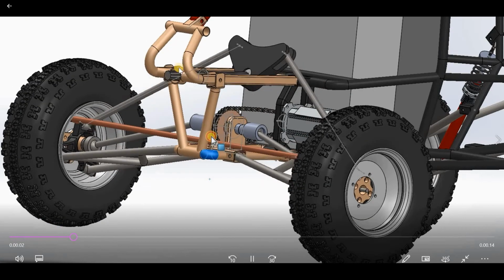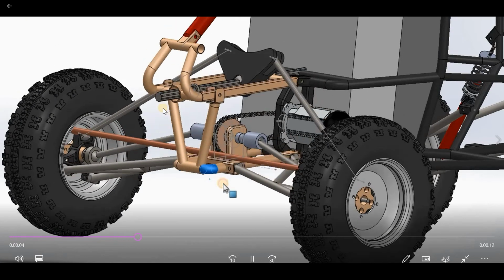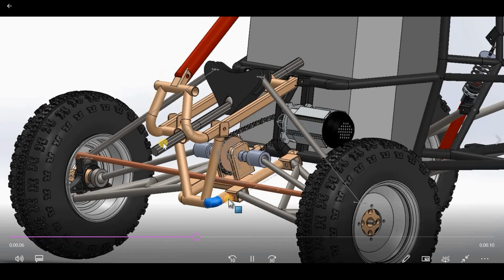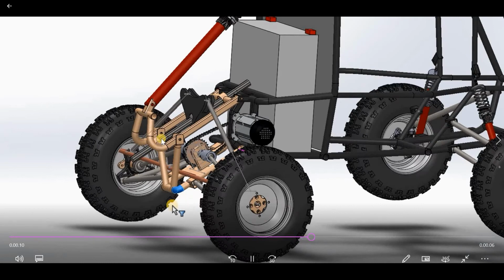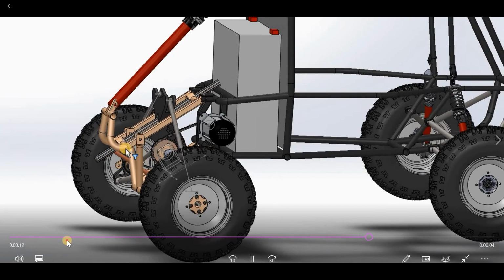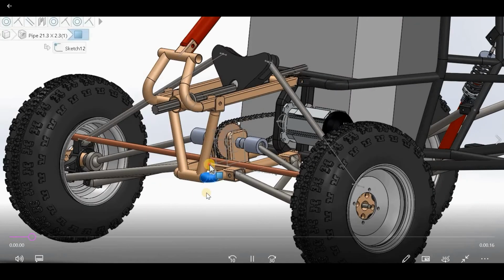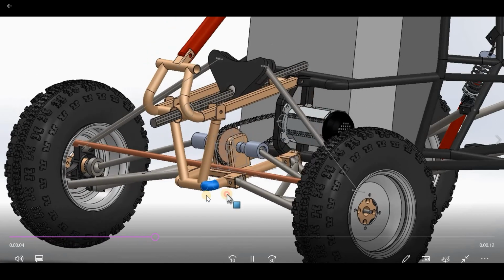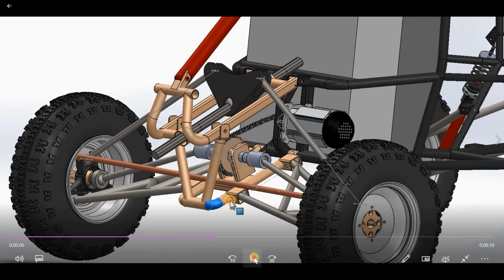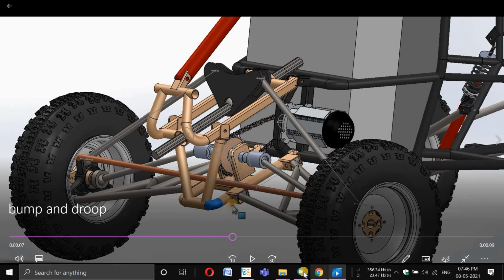Like this, sir, this shaft is going inside and then it is coming outside. So this was the requirement of that time. So is it visible, sir?